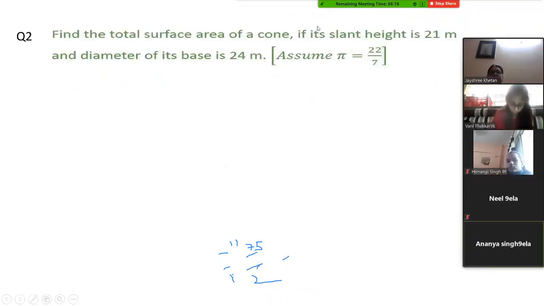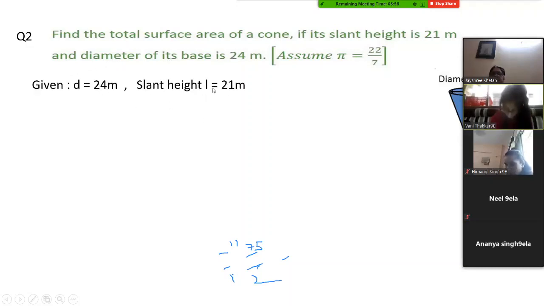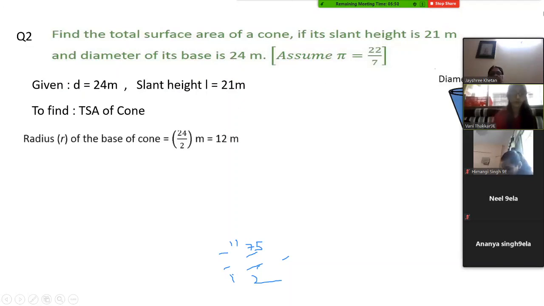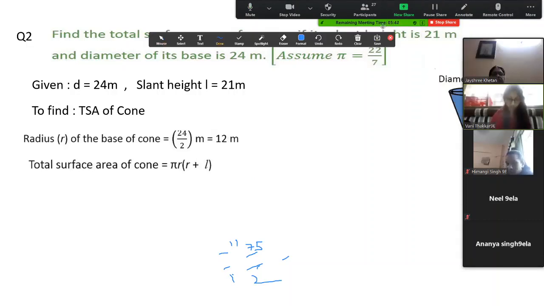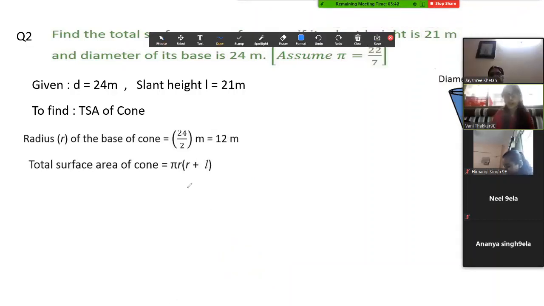Find the total surface area of the cone if its slant height is 21 centimeter and diameter of the base is 24 centimeter. So here we have to use the formula of total surface area. What you are given is diameter and slant height. So diameter has to be converted to radius. So what will be the radius? 12 centimeter, correct. Then total surface area of the cone is given as pi r (L plus r).